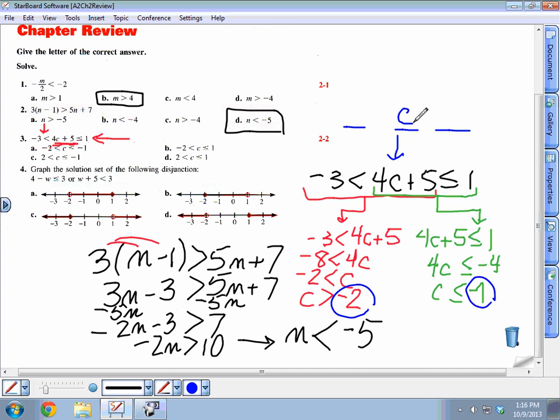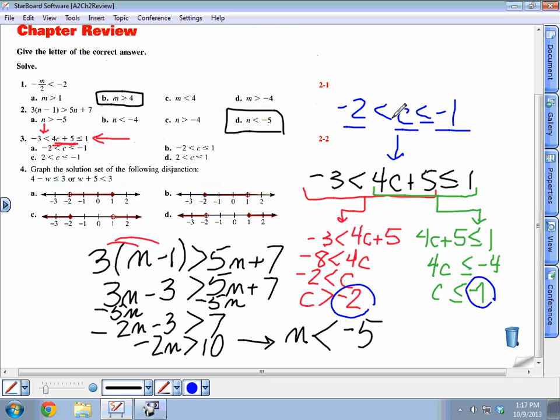On the far left-hand side over here, I'm going to write the minus 2, and I write the minus 1 over here, because that's the order things go. Because c is less than or equal to minus 1, I write the less than or equal to here. And c is greater than negative 2, so I write this one here. And that's how you put it back.